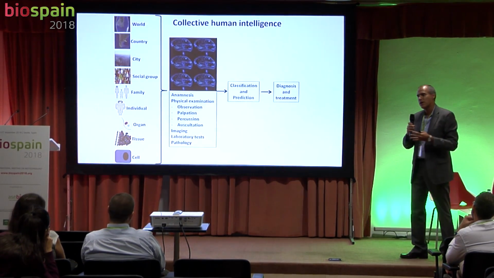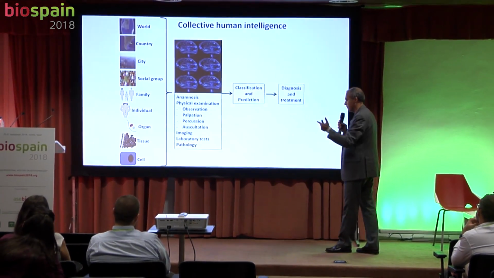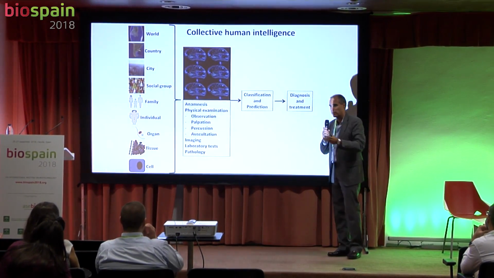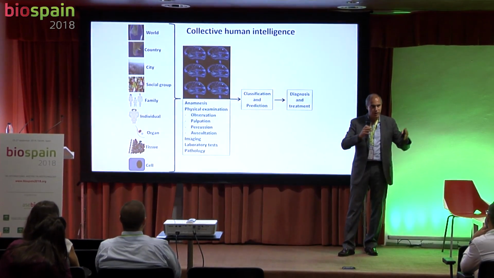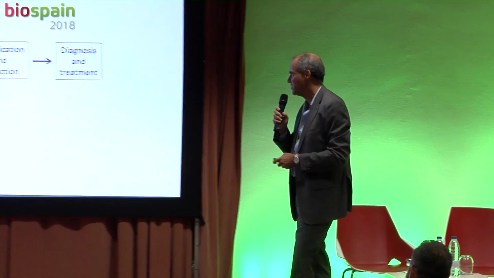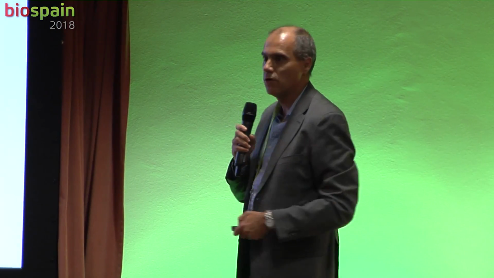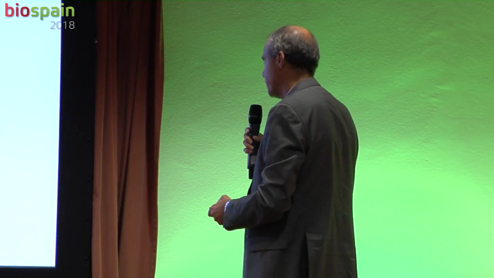In these teams, you have radiologists, oncologists, nurses, social workers, psychologists, and all together, we are analyzing the whole environment of this patient in order to better classify the disease, to predict what's going to happen with these patients, and to treat patients better.